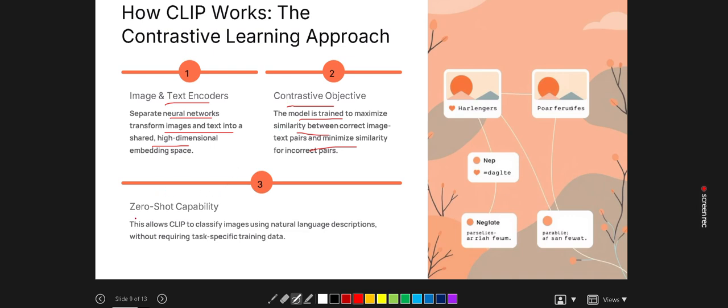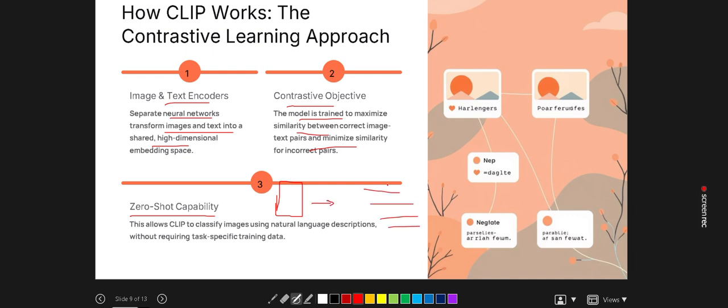And then there's zero-shot capability in CLIP. What's that? Zero-shot means that after the training, I can just pass an image, and I can pass text prompts.